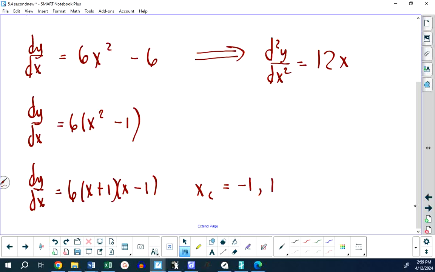So, if we make a table of values with the critical value of x for the first derivative and the second derivative, we can determine if they are max-mins. When I put negative 1 into 12x, I get a negative result.